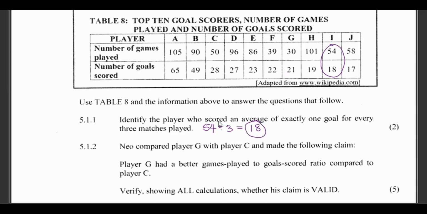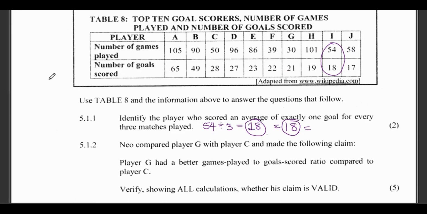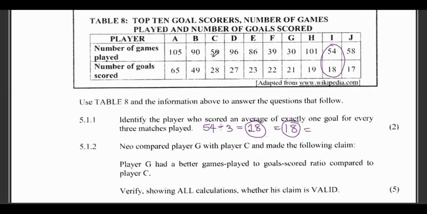And in these 18 games, how many goals did he score? He scored 18. So this is exactly 1:1. So it's player I.